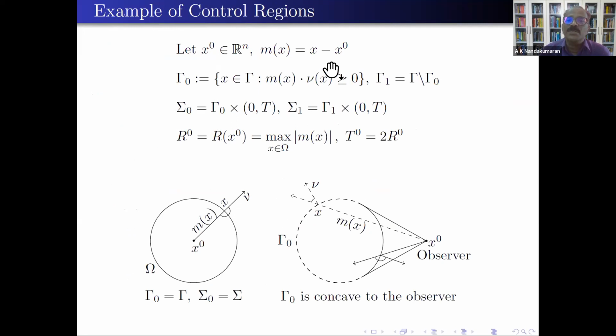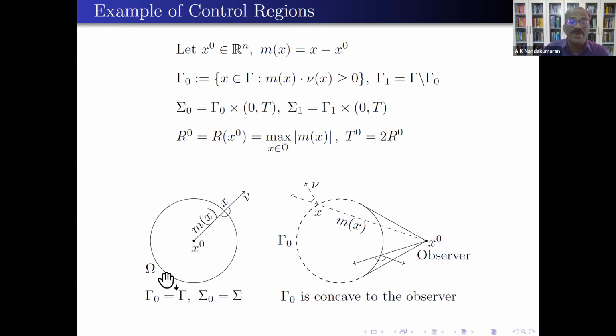It's better to understand geometrically. If you have an x naught, you can think of x naught as an observer. If you have a domain like this circle and x naught is at the center, then you can see that your gamma naught is the entire gamma. On the other hand, if you choose x naught outside and draw your tangents here, this dotted region is your gamma naught.